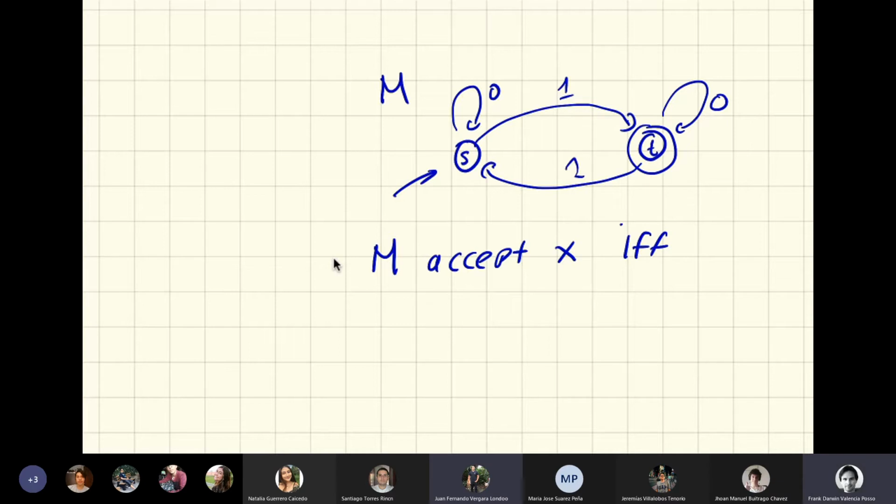No, this was just an example. I want you to define in general for any automaton M whether it accepts X or not. John? It will be if the delta hat of S, X, the answer for that is inside the set F.